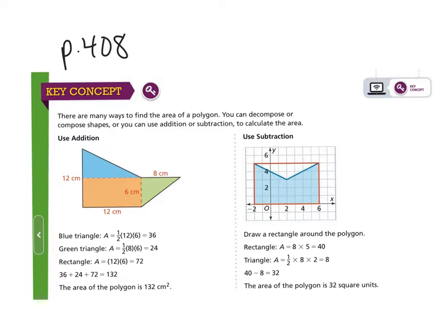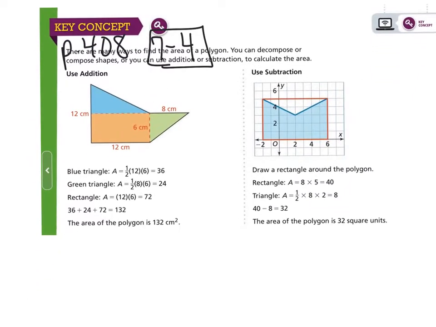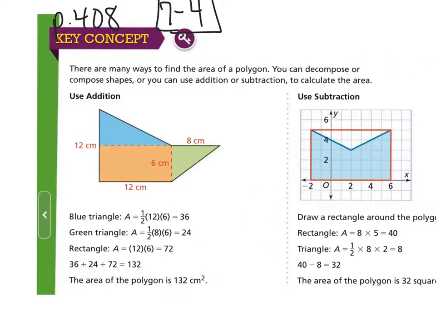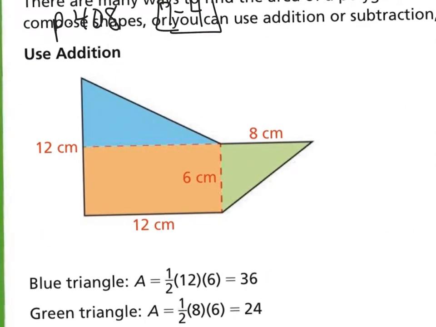We're going to continue in lesson 7.4, which was on finding the area of polygons or composite polygons. What we've talked about is that we're going to maybe get some shapes that are kind of strange looking that we're going to have to break into pieces.